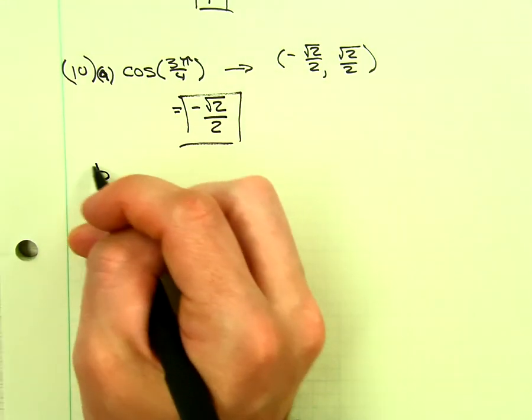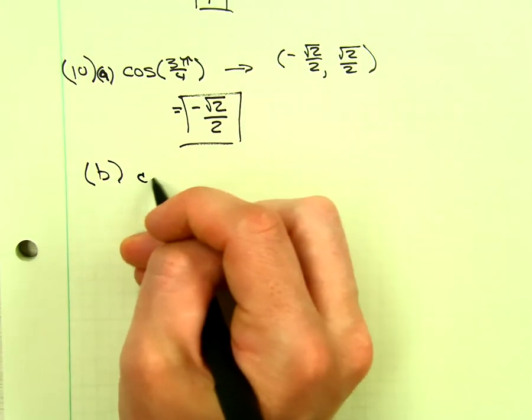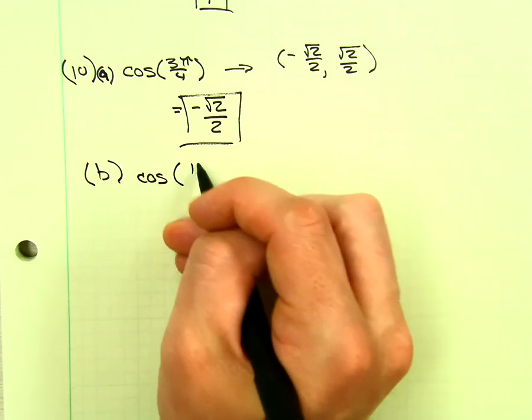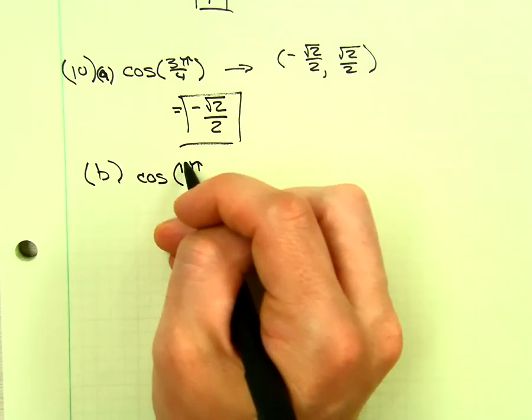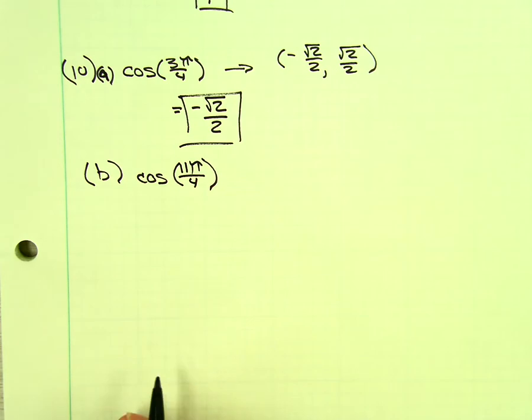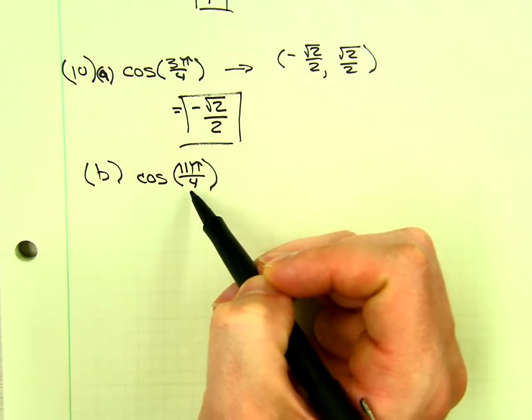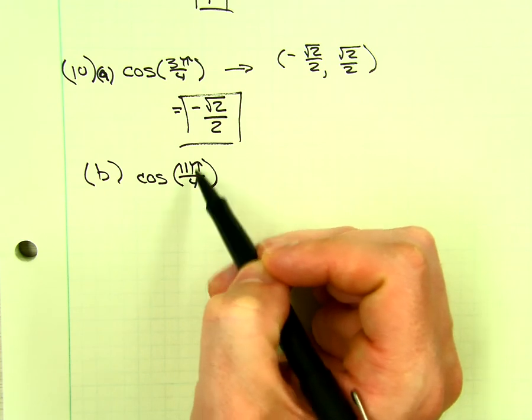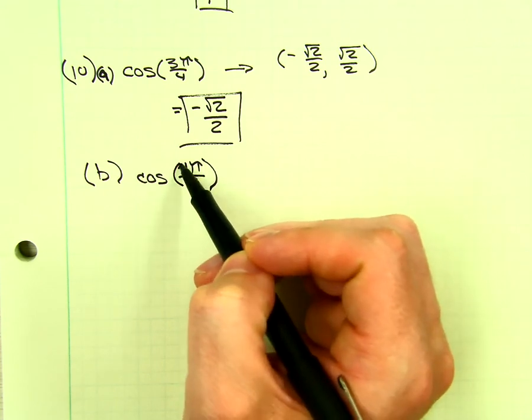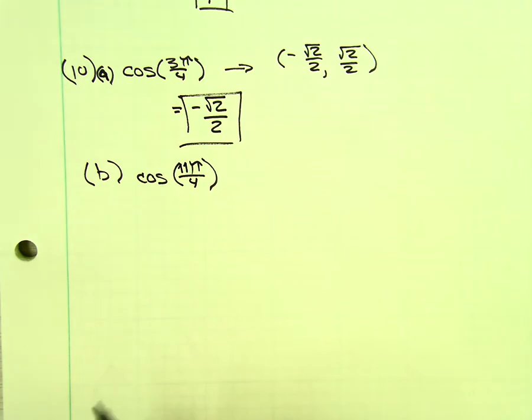Now part B is I want to know what is the cosine of 11 pi over 4. Now I can see right away that 3 pi over 4 and 11 pi over 4, they're periodic functions, right? So this is the exact same point. I'm just 2 pi greater than 3 pi over 4.